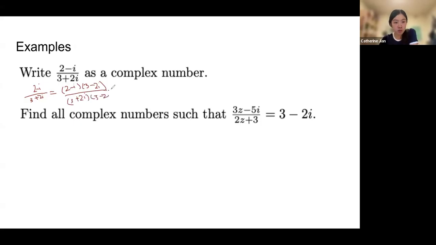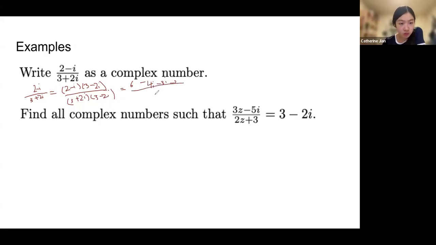Then we can simplify this and the denominator will be real. So the numerator is equal to 6 minus 4i minus 3i, and then plus 2i squared. So this is minus 2.